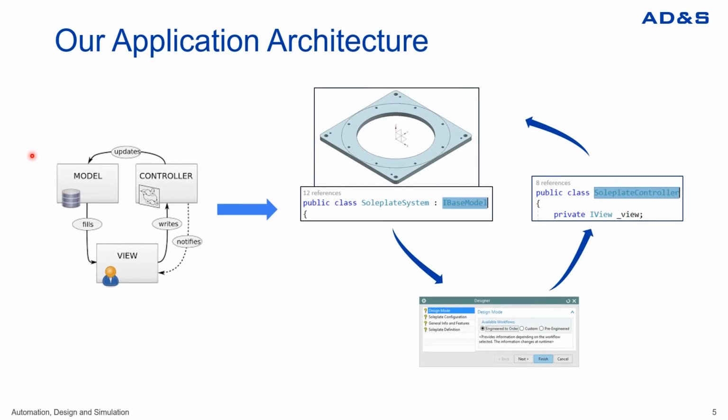There are slight variations of this design pattern, and the one that we will be using for our case is depicted here. We see in a more detailed fashion the interaction that takes place between the various components, starting from the user interface or the view. The user writes or sends requests to the controller. Then the controller receives those requests and takes the appropriate actions.